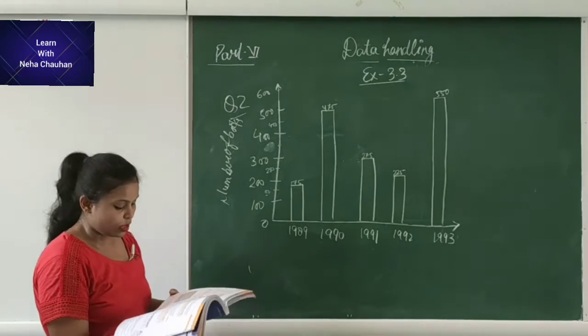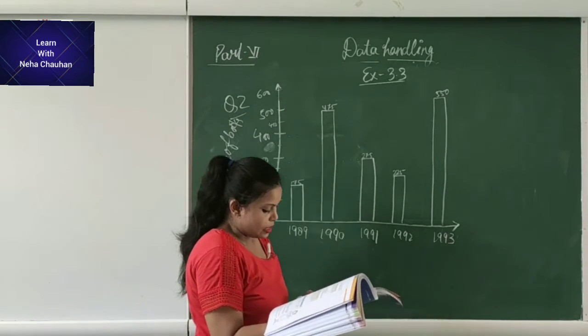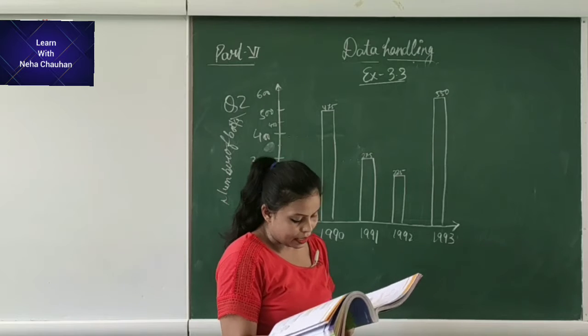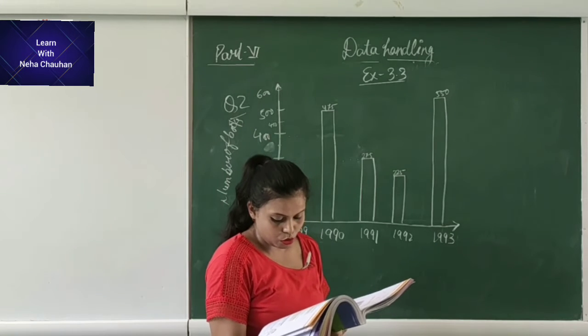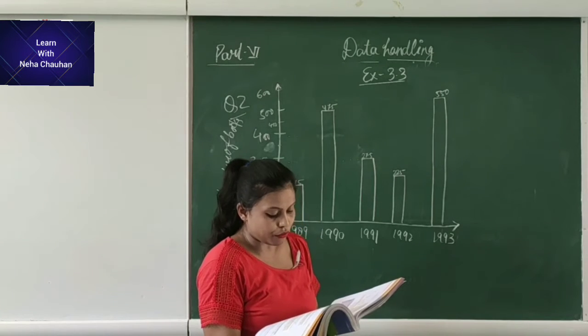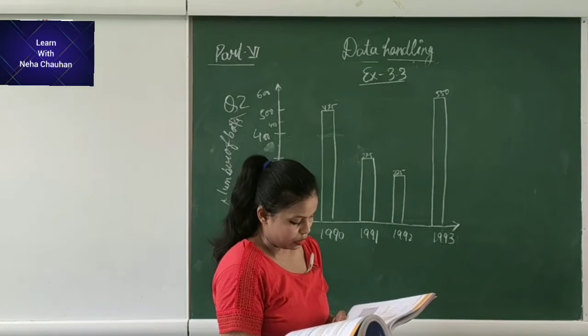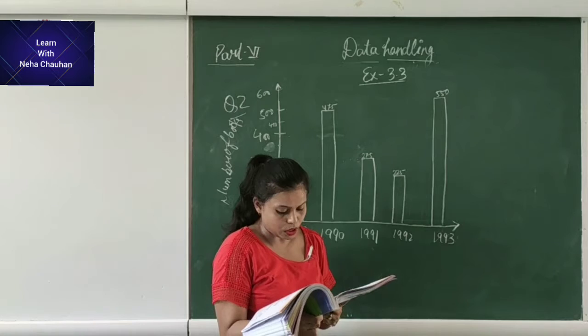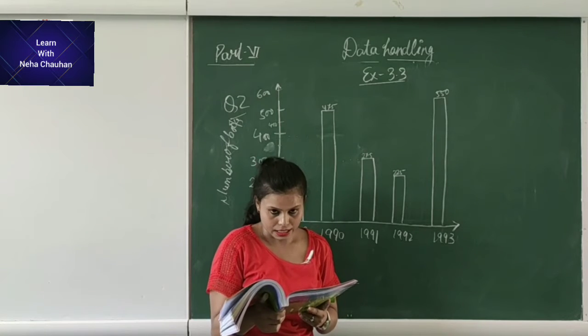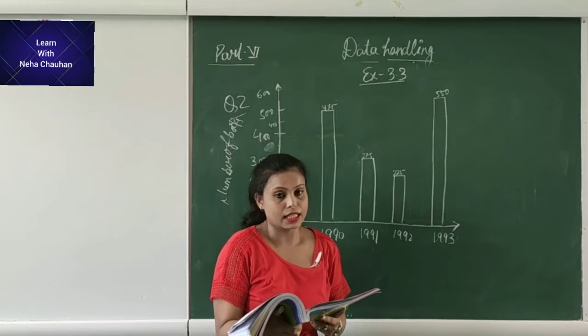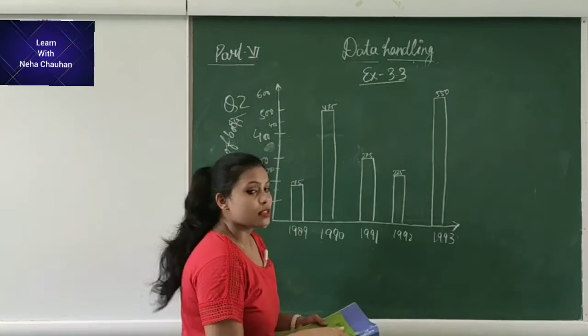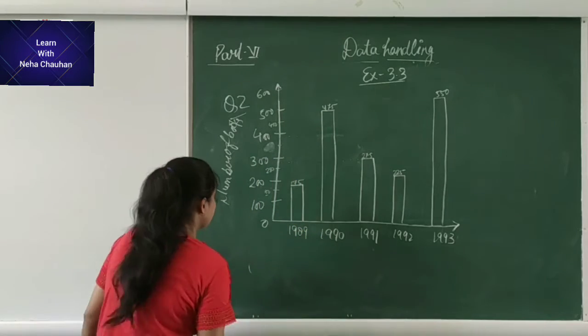Now we have some questions to solve. Read the bar graph which shows the number of books sold by a bookstore during 5 consecutive years and answer the following questions. About how many books were sold in 1989, 1990, 1992? So in this question we have 3 answers.